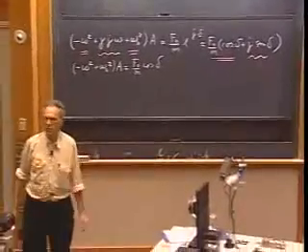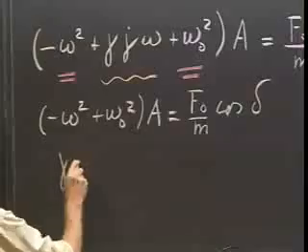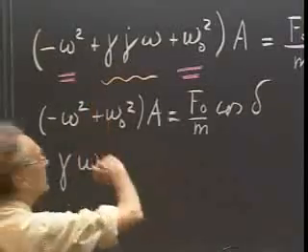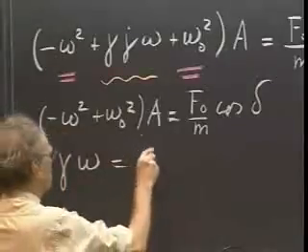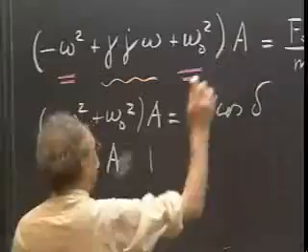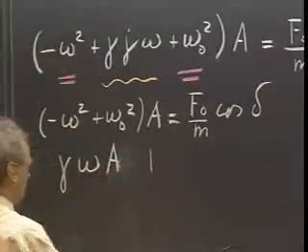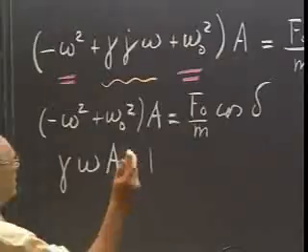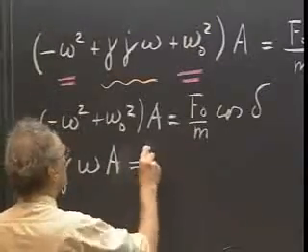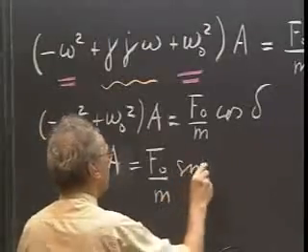Apples on both sides are equal, and now we get the oranges on both sides. Gamma omega times A equals f0 divided by m times the sine of delta.